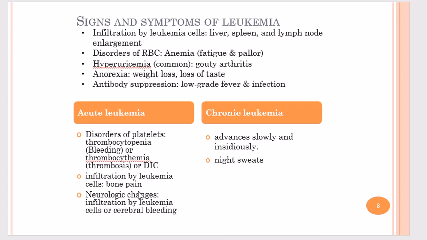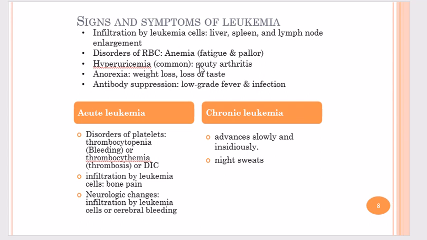In addition, you'll see such features as hyperuricemia, which causes gouty arthritis, anorexia, so weight loss, even loss of taste can occur. And I'd mentioned on the previous slide that it can cause disorders of red blood cells, leading to anemia. And so some of these clinical manifestations might include fatigue, right?